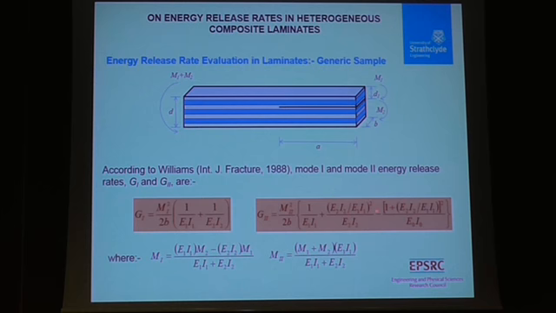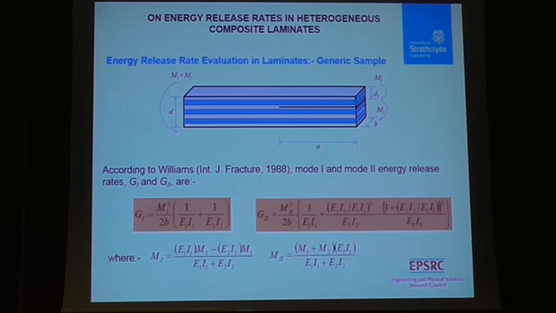And you get this by, of course, partitioning the total energy release rate, and it assumes that the loading associated with mode 1 and mode 2 can be written in terms of the applied moments, given these two expressions. I think in the literature there's general consensus that this is correct for symmetric samples, but I think it's more contentious for the asymmetric sample.